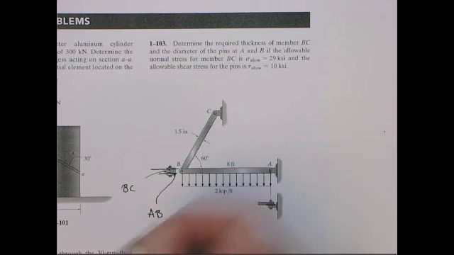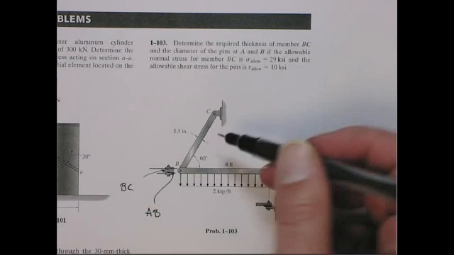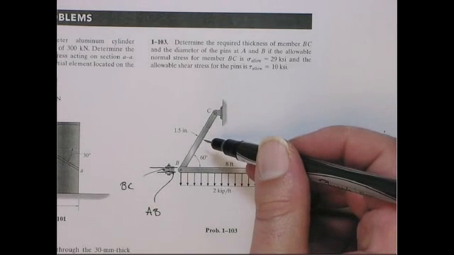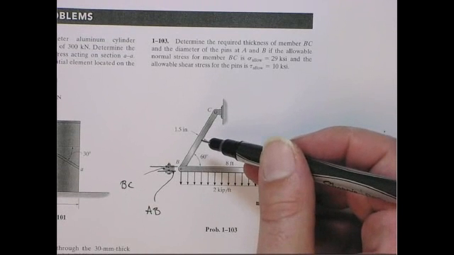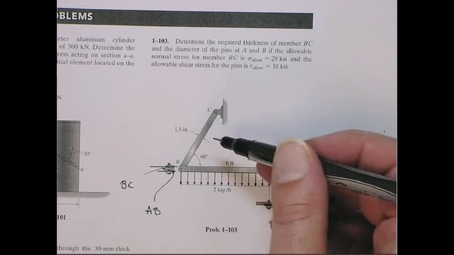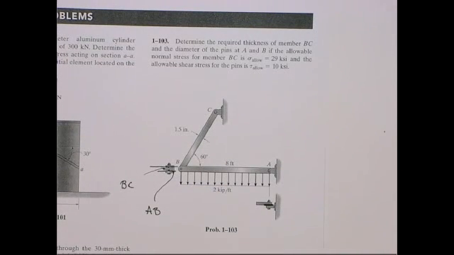So it has 2 shear planes acting on it. Okay? The problem here wants you to size BC, basically the thickness of BC out of the paper, because it sets the height at 1.5 inches. And also the 2 pins, all right?